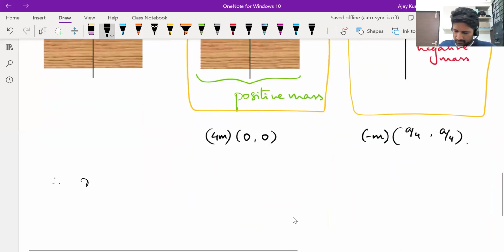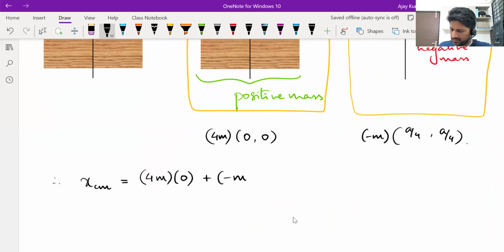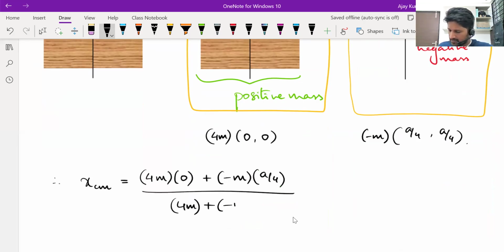Therefore, if you want the x coordinate of center of mass, it will be m1 x1 plus m2 x2 divided by m1 plus m2. M2 is negative, you have to substitute negative. Now how much does this become? First term is 0 anyway. Minus m into A by 4 is minus mA by 4 divided by denominator 4m minus m, which is 3m. M gets cancelled. You will still get minus A by 12 as expected.